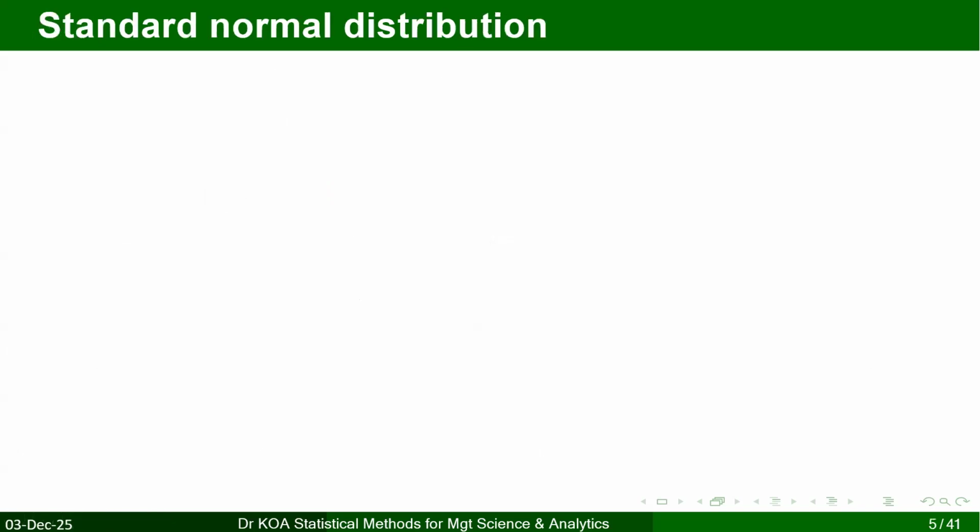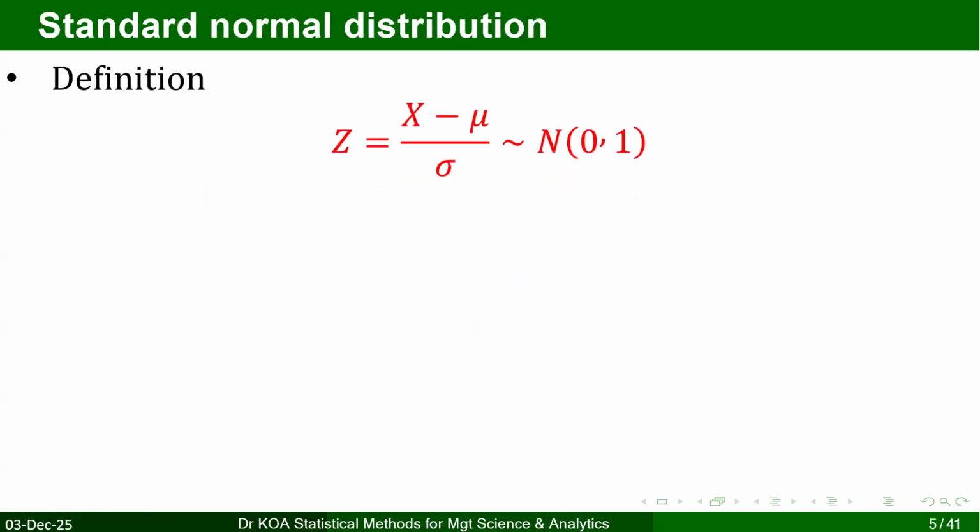Now, let's look at the definition of the standard normal distribution. So we give the normal distribution, but the standard, because certain things are normally distributed, as we have said, but then they don't have the same scale. For example, the weight of a person is measured in kilograms, but the height can be measured in inches.